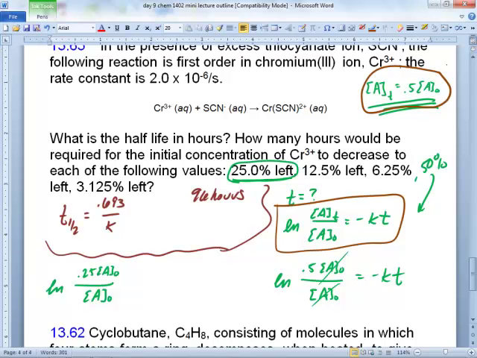So if they want 50%, you put in a 0.5. If they want 12.5%, you put in a 0.125. If they want 6.25%, you put in a 0.0625. But either way, whatever you put in for the concentration of A at time t, you always have it times A0, but you have an A0 down the bottom. See, it's just going to cancel out on you.